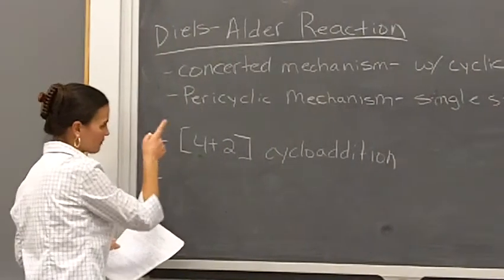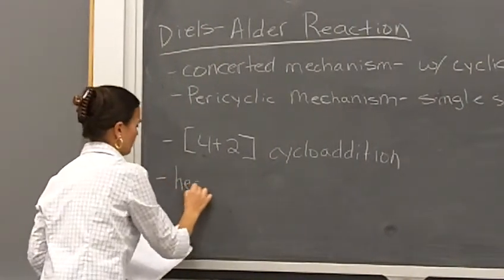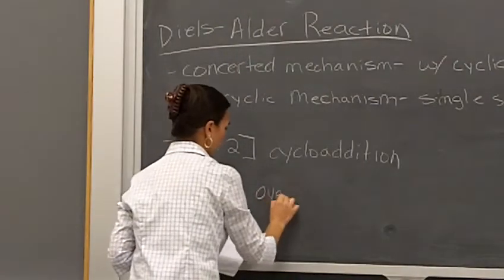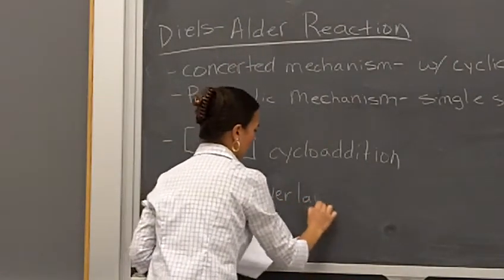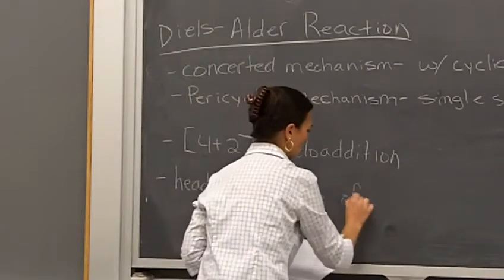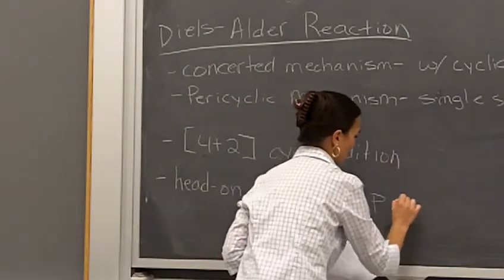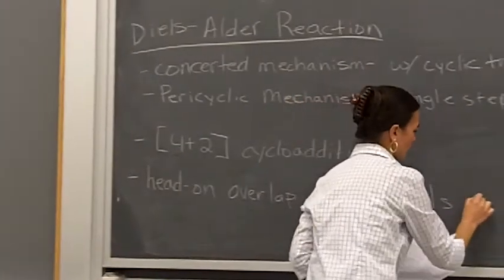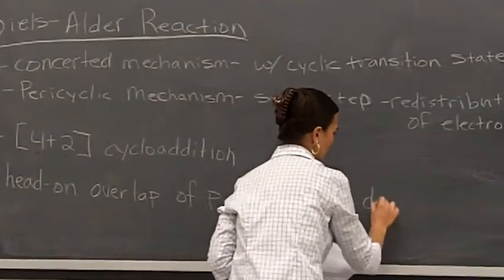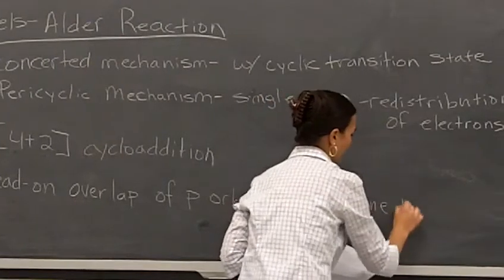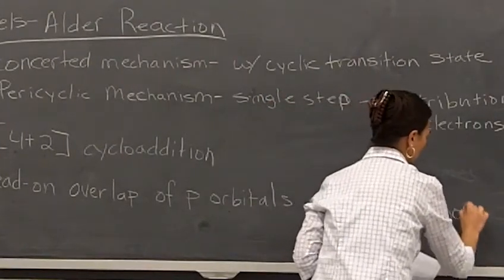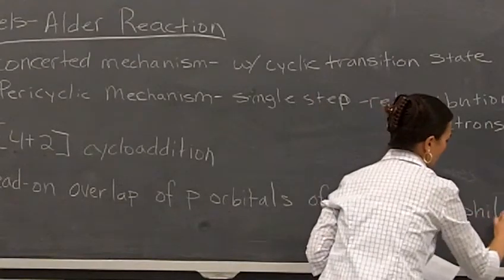And what you need for this is head-on overlap of p orbitals of the diene and dienophile.